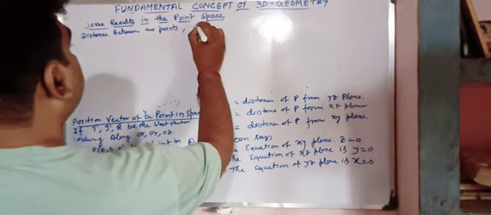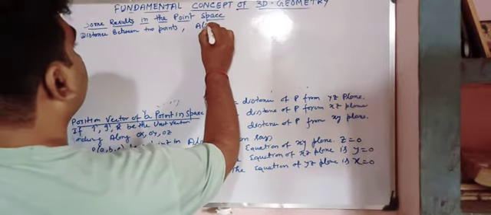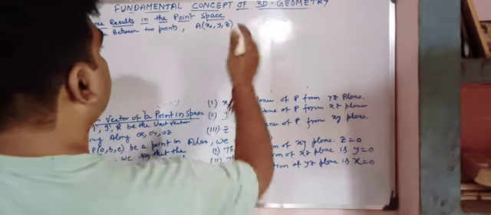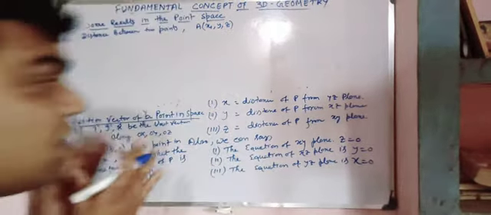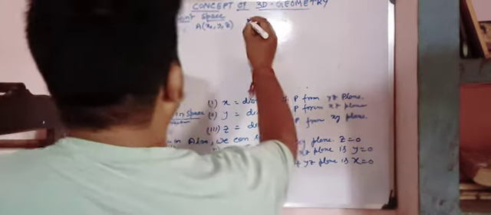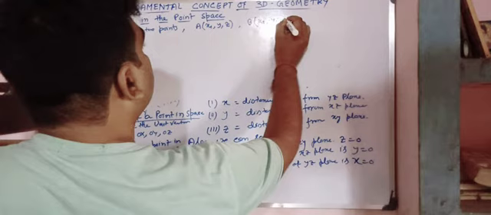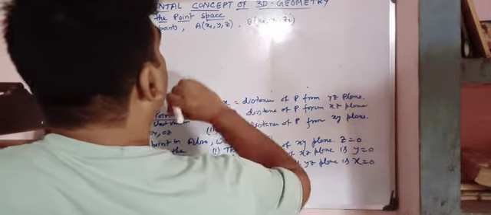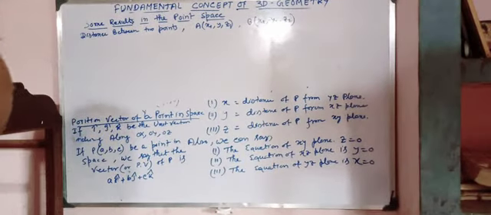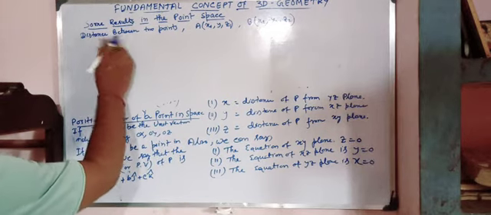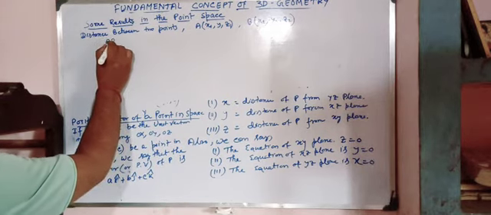Let us take one point A, whose coordinates are x1, y1, z1 in three-dimensional space, and another point B, that is x2, y2, z2. Then the distance between them is denoted as AB.